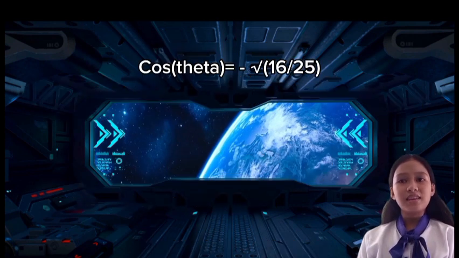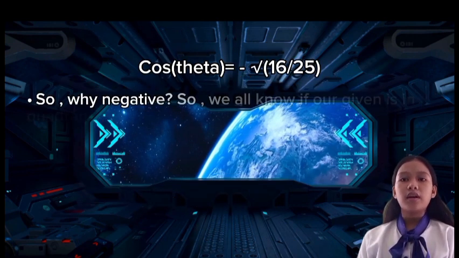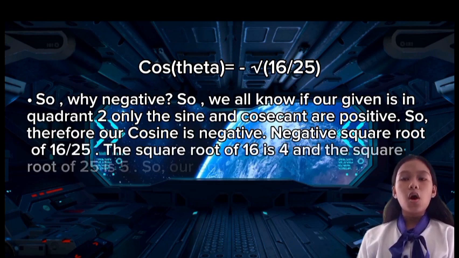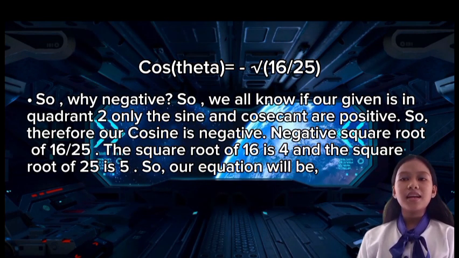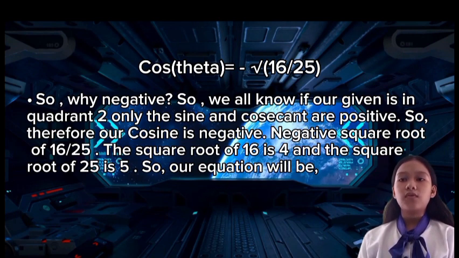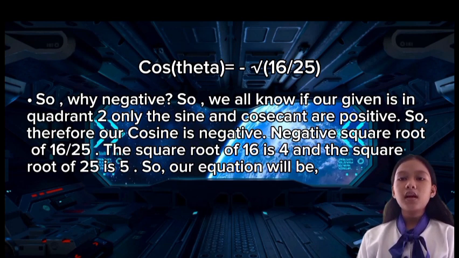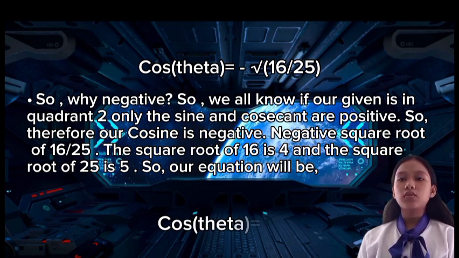So why negative? We all know that if our given is in quadrant 2, only sine and cosecant are positive. So therefore, our cosine is negative. The square root of 16 is 4 and the square root of 25 is 5. So our equation will be cosine theta is equal to negative 4 over 5.